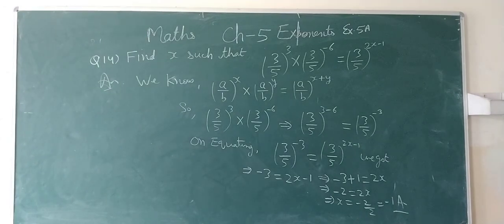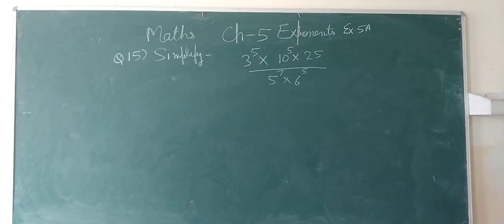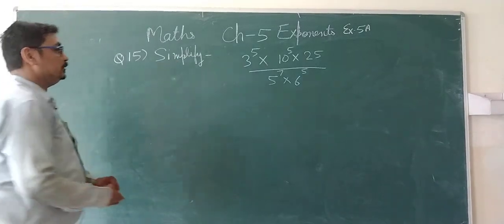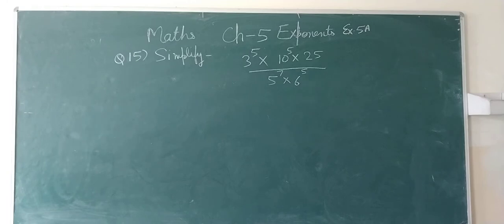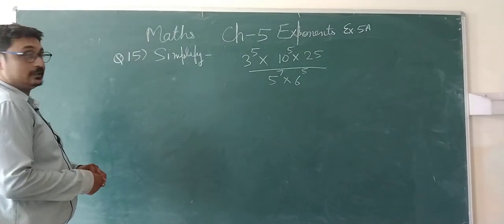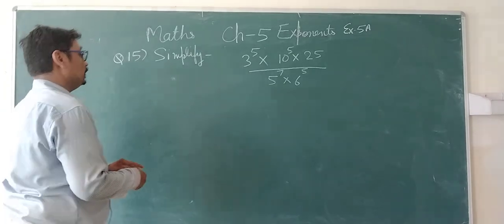Question 15. Simplify 3^5 × 10^5 × 25 ÷ (5^7 × 6^5).